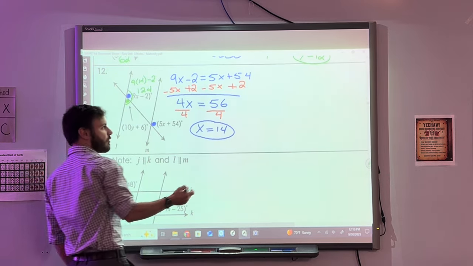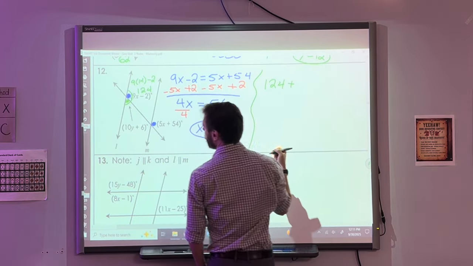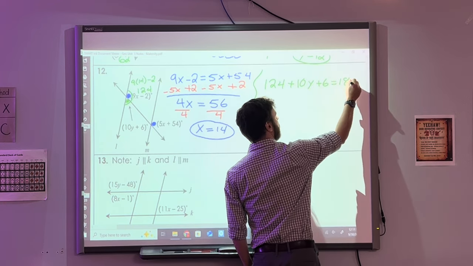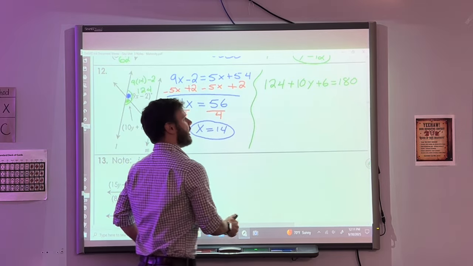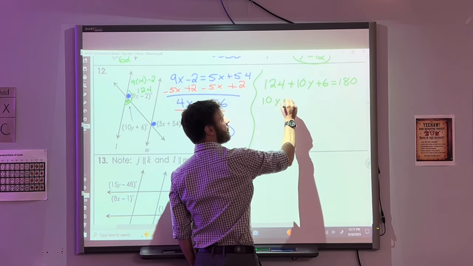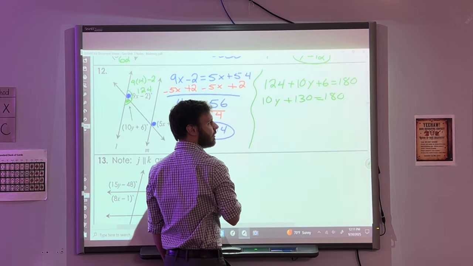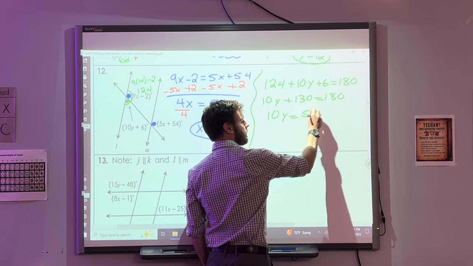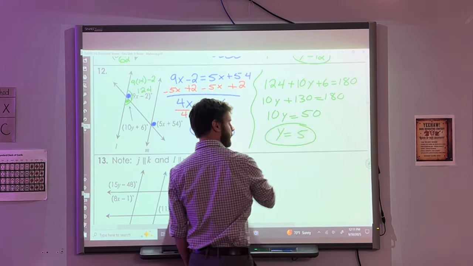All right, so here's my equation. 124 plus 10y plus 6 equals 180. All right. Combine like terms like we did before. The 10y is the only kind of y, but 124 plus 6. Take away 130 from both sides. Lastly, divide by 10. And there we go.